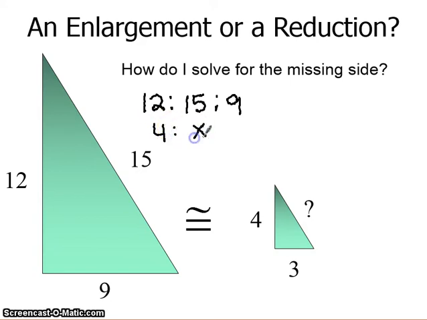This is the unknown side, and 3 is the smaller figure. Now as we compare the two ratios, we can see that the larger triangle has been reduced by a factor of 3. 12 divided by 3 is 4. 9 divided by 3 is 3. 15 divided by 3 is 5. So our missing side is actually 5.